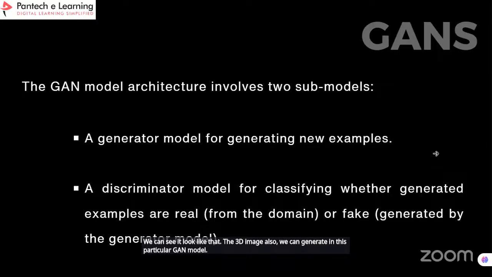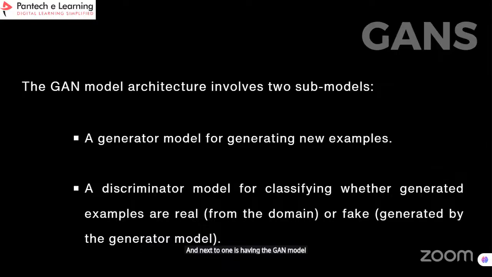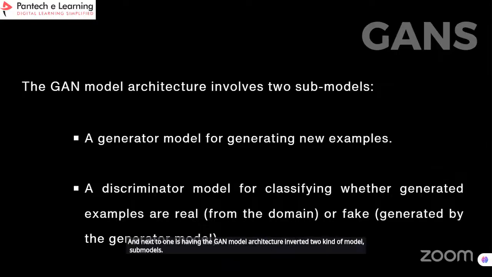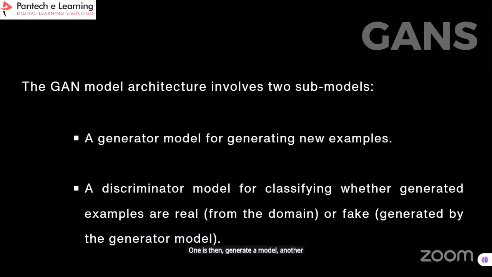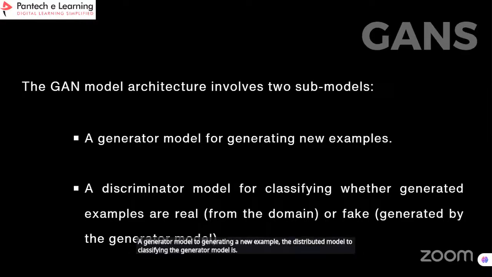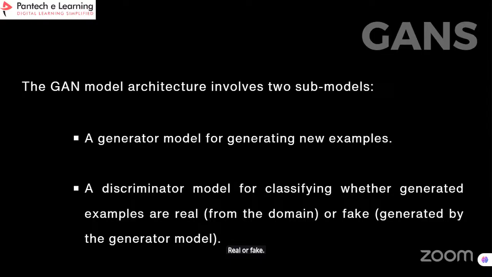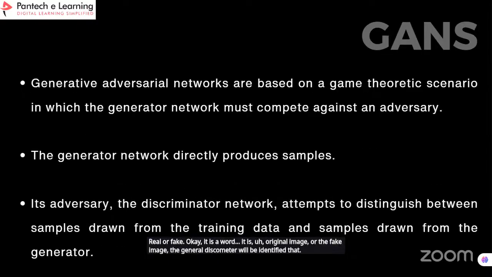Next, the GAN model architecture involves two kinds of submodels. One is a generative model, and the other is a discriminator model. The generator model generates new examples, and the discriminator model classifies them as real or fake, whether it is an original image or a fake image.